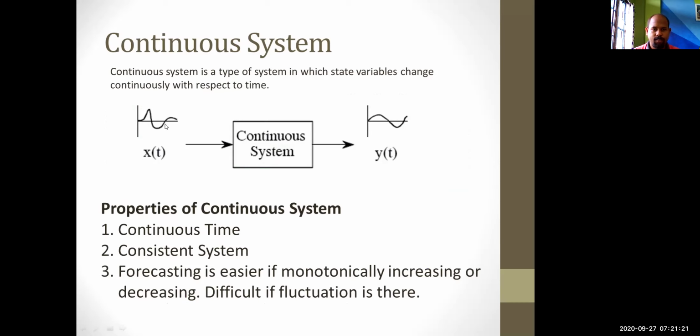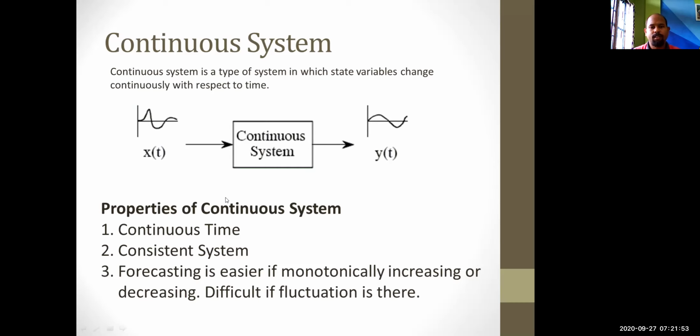The graph, you can see, is gradually increasing, gradually decreasing, which is the input of the continuous system. And on the output side, y(t), there is also another continuous function, which is giving us this smooth graph. So a continuous system is one where input is continuous and output is also continuous.